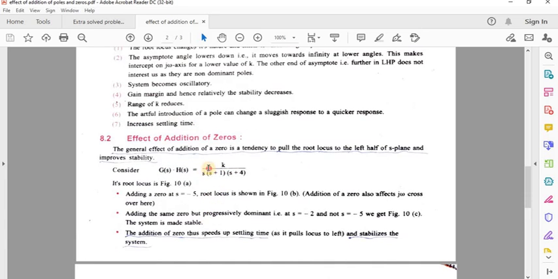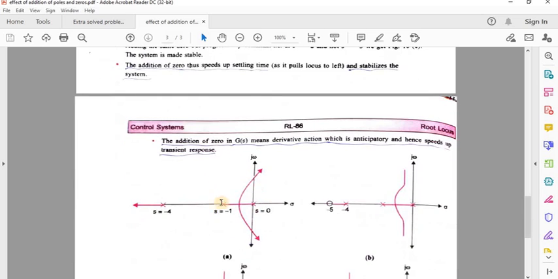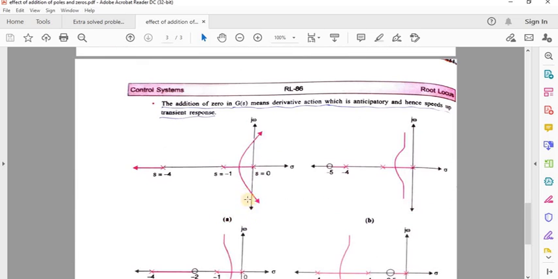In this example, there are no zeros present, okay. So they will add a zero at s equal to -5. From the figure you can see here, as there were no zeros, when we add a zero here, this will limit the root loci from ending at infinity, okay.